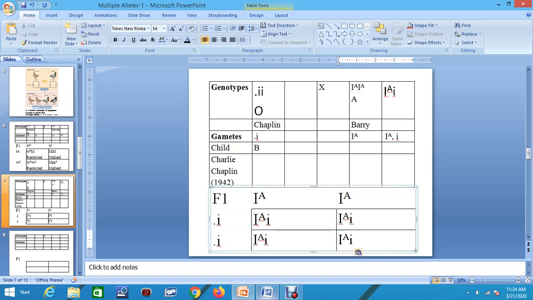In the children, when they are born, they will have only A blood group.